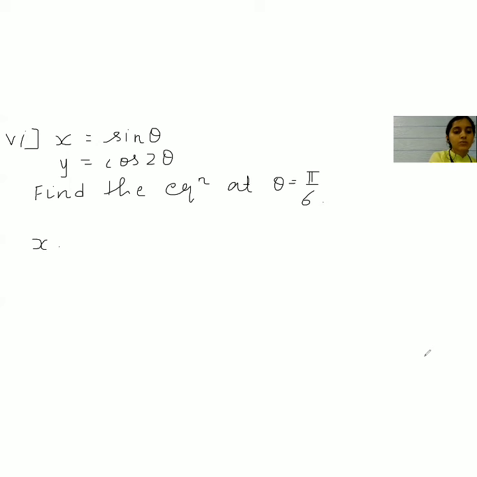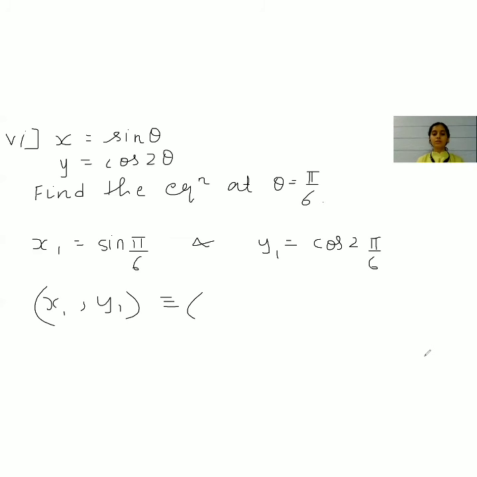So x1 is equal to sine of pi by 6 and y1 is equal to cos of 2 pi by 6. So what will be x1, y1 then? Sine pi by 6 is sine 30, that is half. And cos 2 pi by 6, that is cos 60, that is also half. So the coordinates that we want are 1 by 2 and 1 by 2.